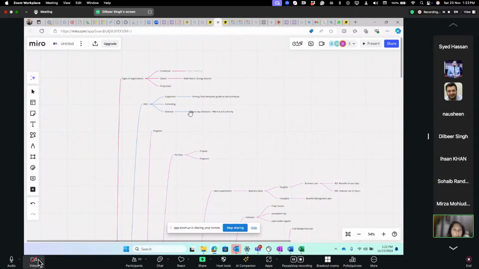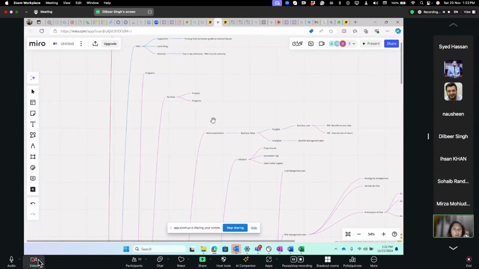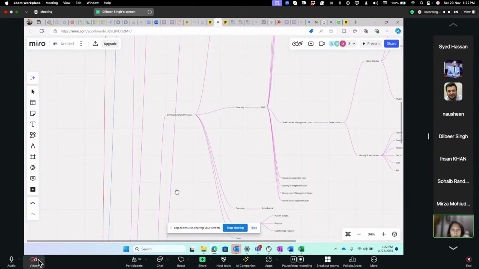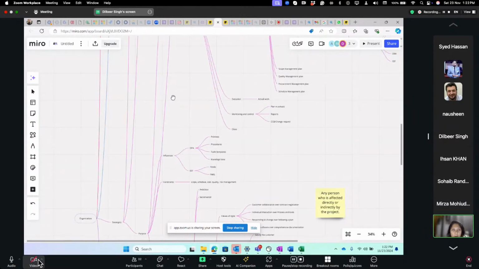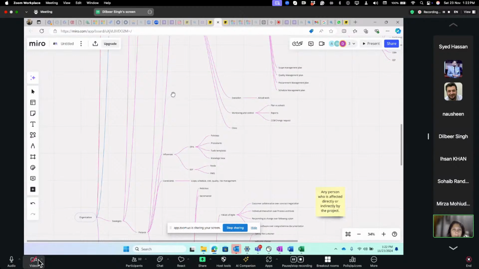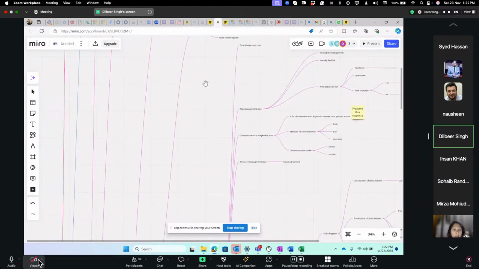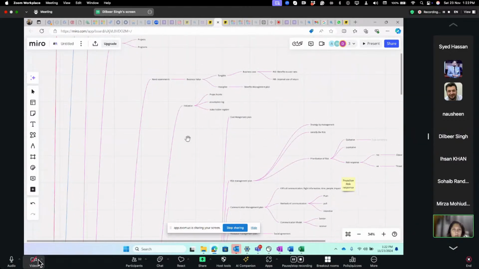Then we have programs and portfolios as well. Portfolio is a combination of projects and programs. Under the fundamentals, we have the need assessment, business value, why do we have to do a specific project or development?